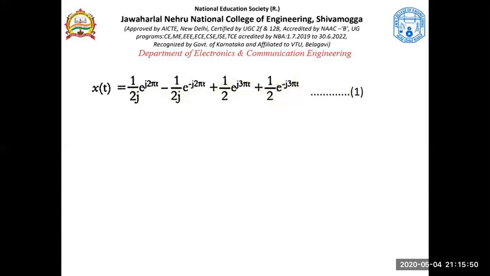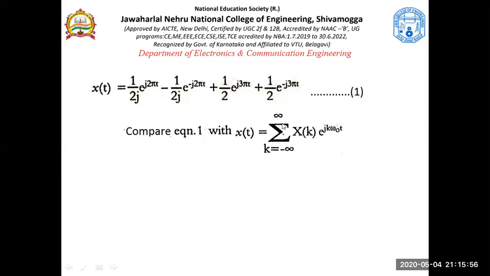How to identify them? Again, you have to compare this equation 1 with the synthesis equation. So this is the synthesis equation. Now compare this exponential with this general exponential and identify what k is. What is k from here and here? So k is 2.